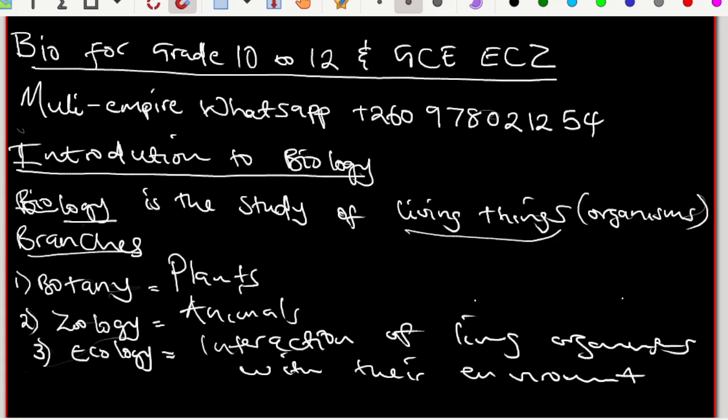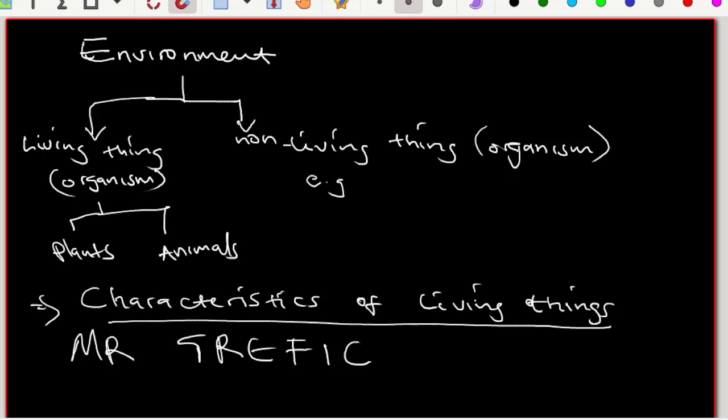Because in this environment there are many things. So you find that they might interact with the light, those things which are in the environment. So this is what I mean here. You find that in the environment there are two main things: it's either a non-living thing or a living thing. So this will help you to understand biology very well.